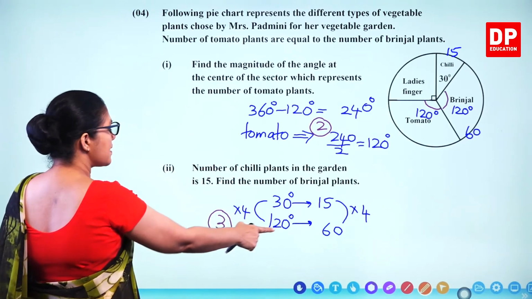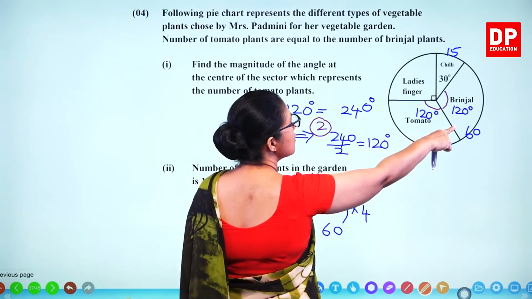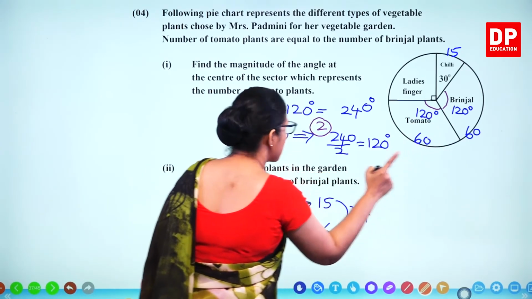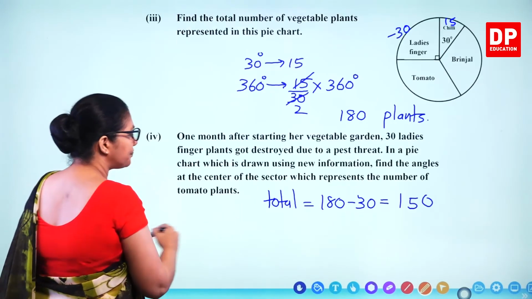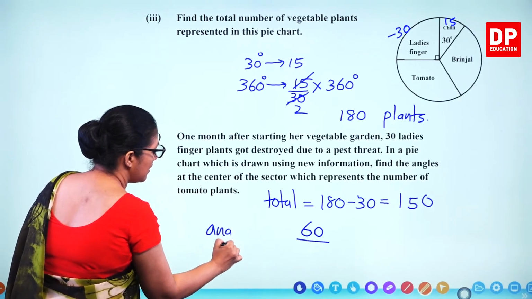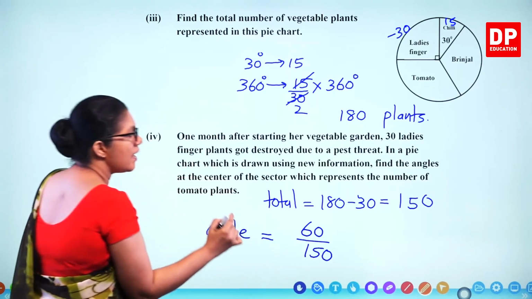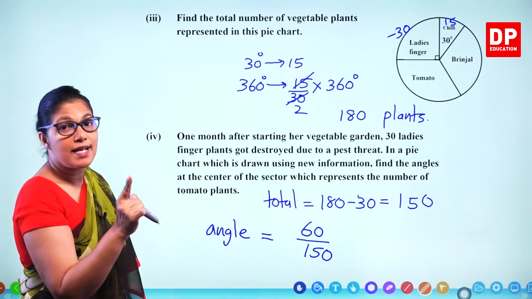So this is 60. What's that? Number of brinjal plants, 60. So that means tomato plants also 60. So 60 is there, and now the total is 150, not 180.